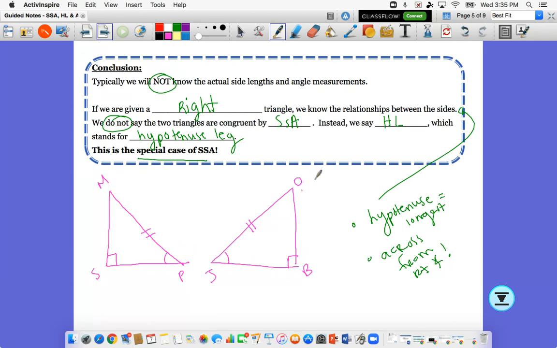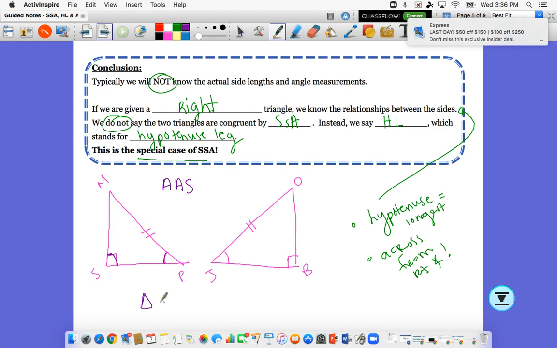And MP and OJ. So I see a right angle, and I'm probably tempted to just write that they're congruent by HL. Nope. Don't do it. I've got two corresponding angles that are congruent, and a side. And you know where that side is? It's not between them. So you can even mark it off: angle, angle, and the side is outside of them, so angle, angle, side.